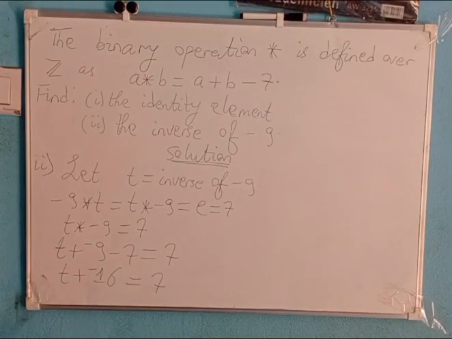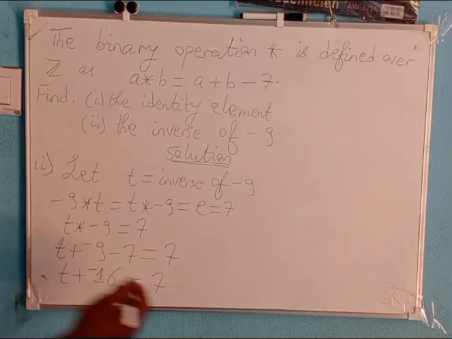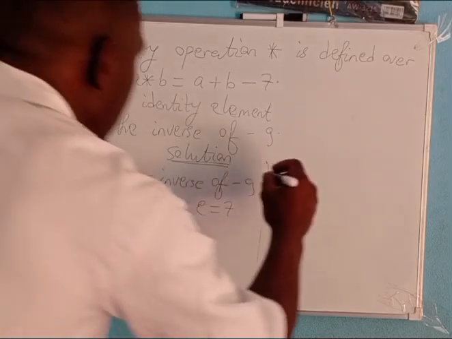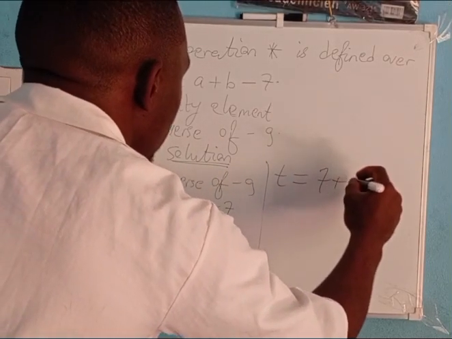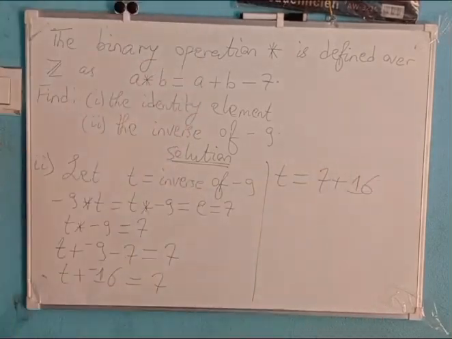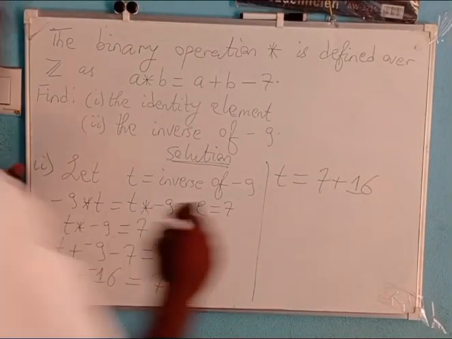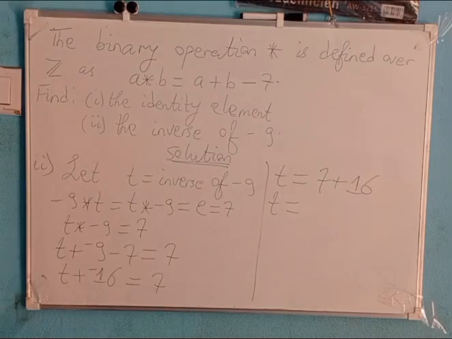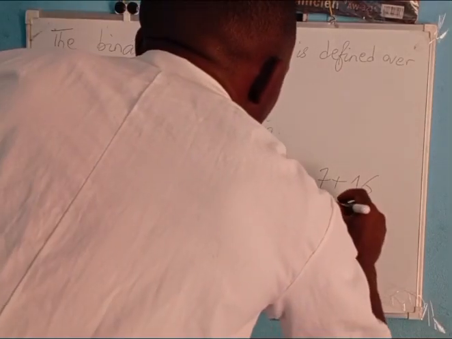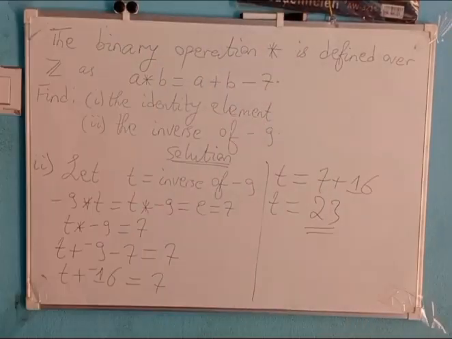Now we are to find T. For us to find T, we are simply going to transfer negative 16 to the right hand side to meet 7. This will give us T to be equal to 7 plus 16. It becomes positive. And our T will simply be equal to 7 plus 16 gives us 23. It therefore means the inverse element of negative 9 is 23.